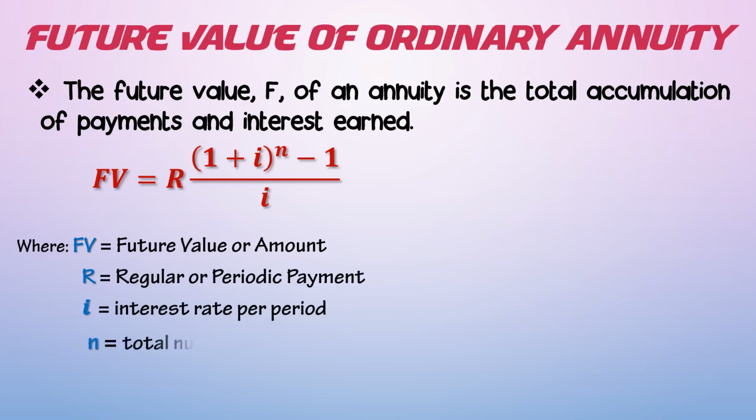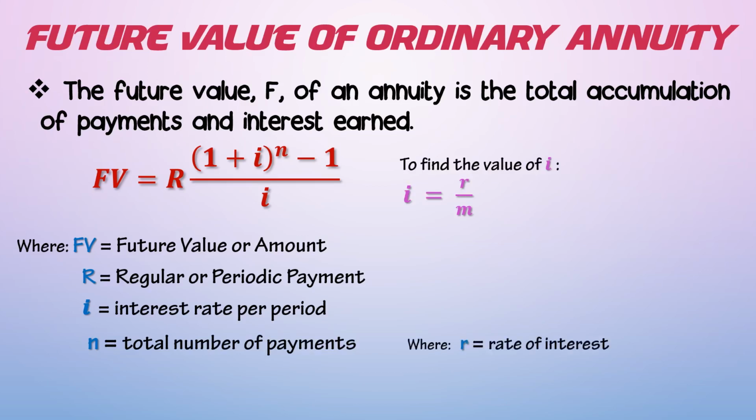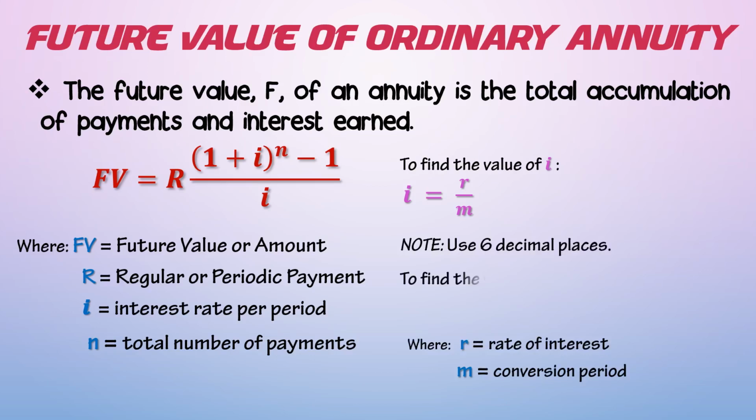To get the value of I, we need to compute it first by R divided by M, where R is the rate of interest and M is the conversion period. To find the value of N, you will have T times M, where M again is your conversion period and T is the number of years.